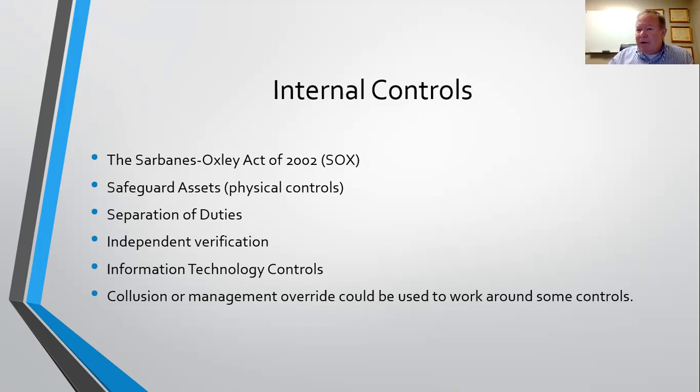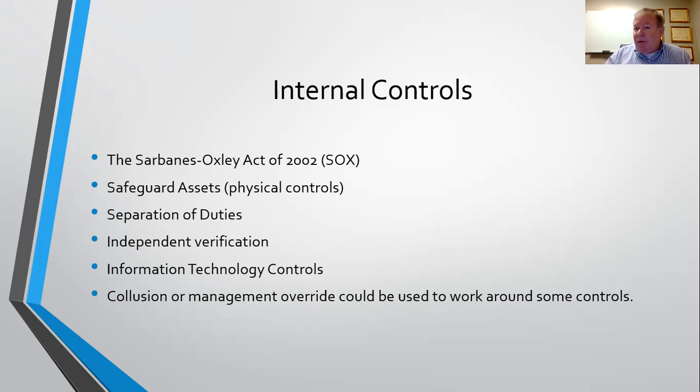Like I talked about earlier, controls like separation of duties are set in place to make sure that one employee has control of the asset and another one has the ability to update the system. But if those two employees start working together, a lot of times they can manipulate the system and work around the control. So collusion could be a way that employees could work around controls.